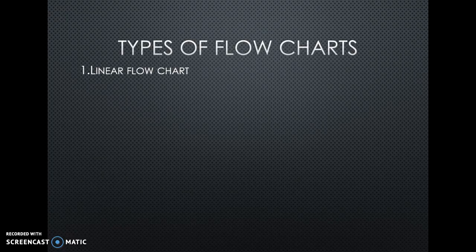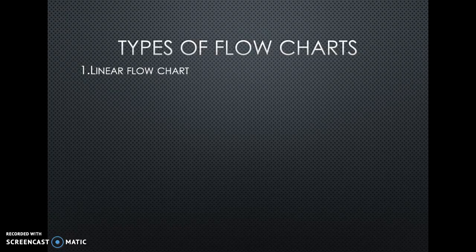Types of flowcharts. The first one is the linear flowchart. Therein it will just indicate the linear positions of different symbols; in other words, it can be termed a simple linear flowchart.